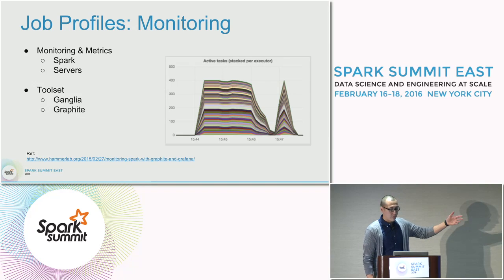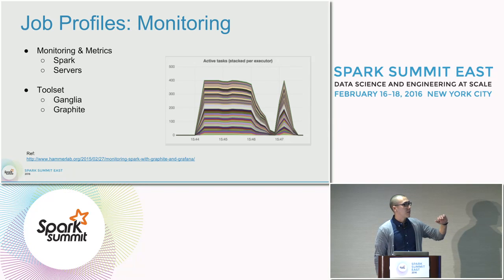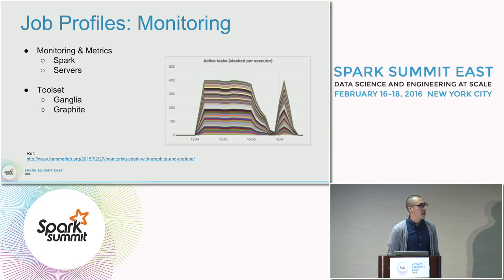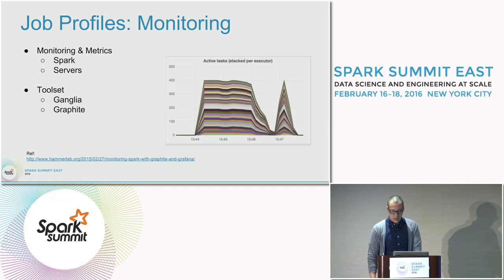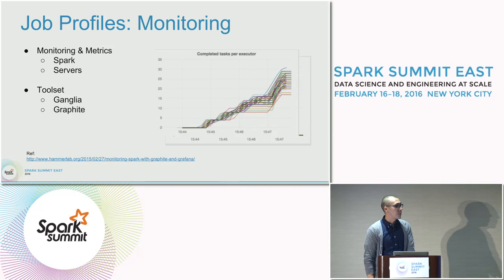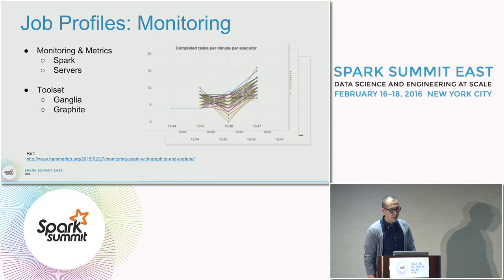And they're very good metrics in terms of how they tell you about what's occurring on the cluster today. So you can see the number of active tasks stacked per executor. You can also see the completed tasks per executor, in a time series display, as well as the number of completed tasks per minute per executor.